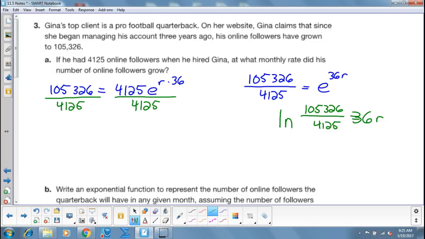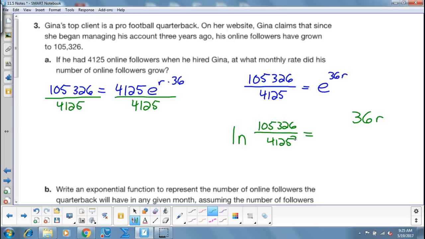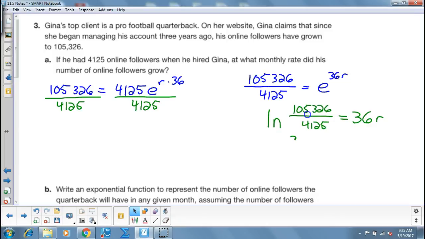So I figure out what that is. The natural log of 105,326 divided by 4,125 is 3.23994282. And so to find R, I'm going to do what with that?